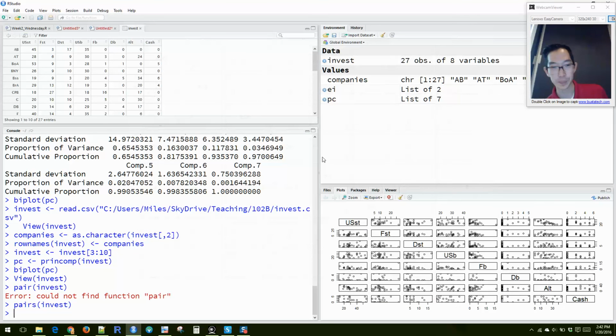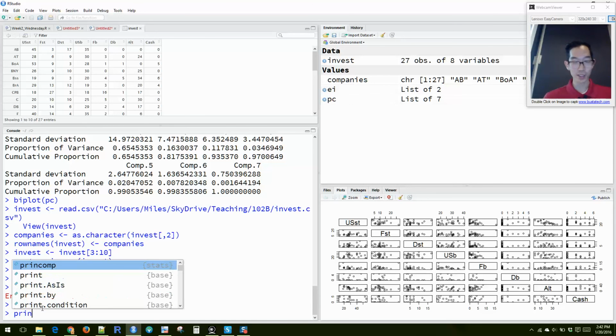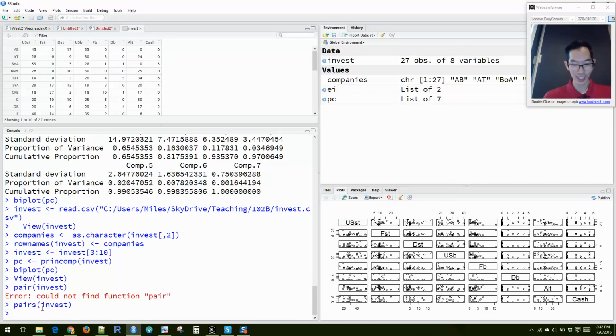Okay, so, well, I'll have to talk about this more clearly, but I'm going to store the results into PC, and there is a prcomp function for principal components. All you do is feed it your data.